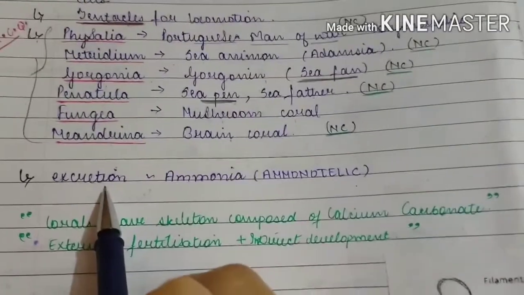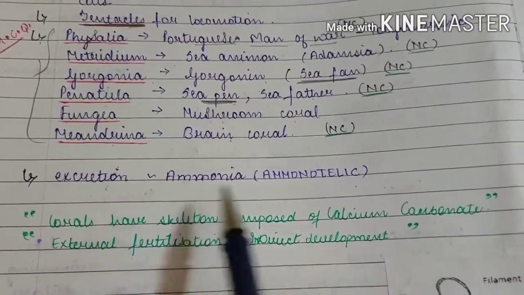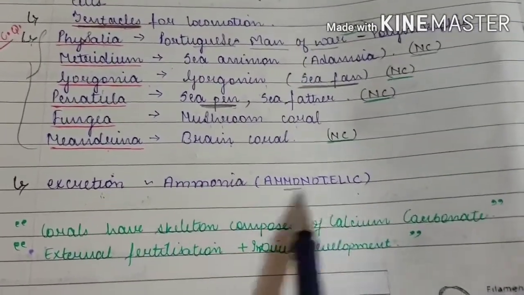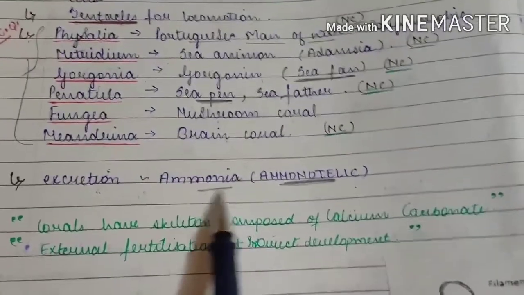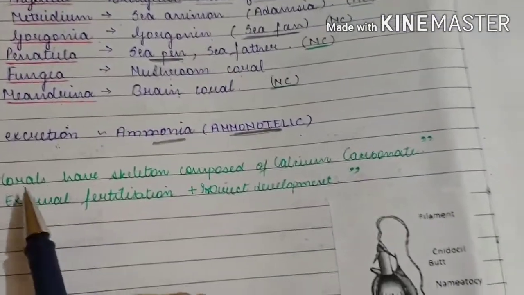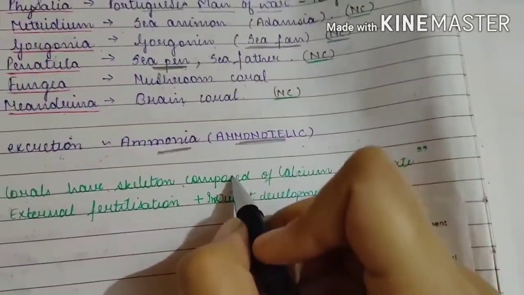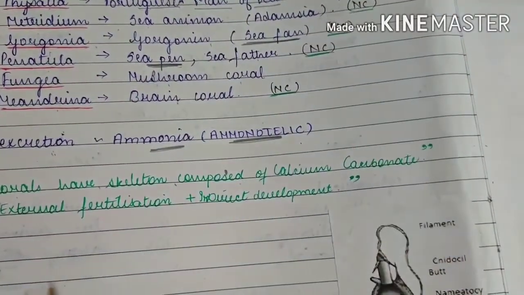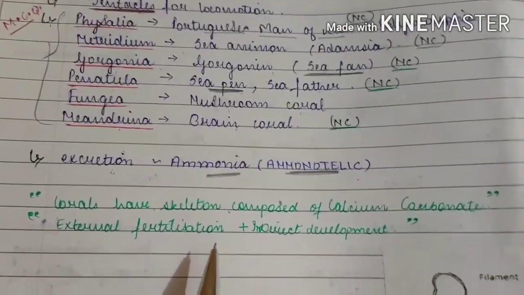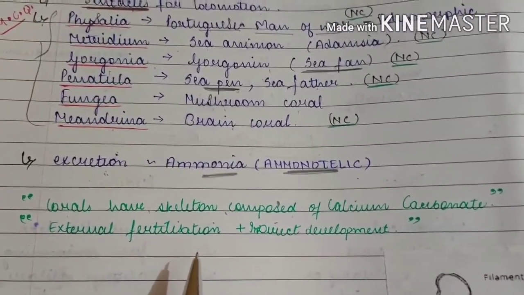Next is excretion. The mode of excretion is ammonotelic, that is they excrete ammonia in their waste. Now, the corals have the skeleton composed of calcium carbonate. These are a few extra points which are not included in the NCERT, but these are very important from the NEET point of view.